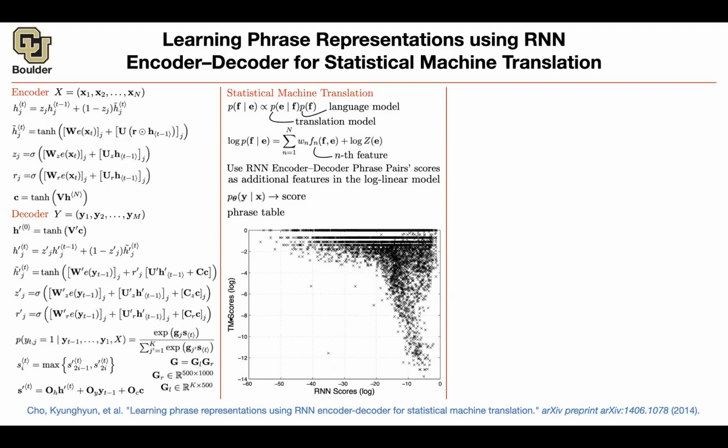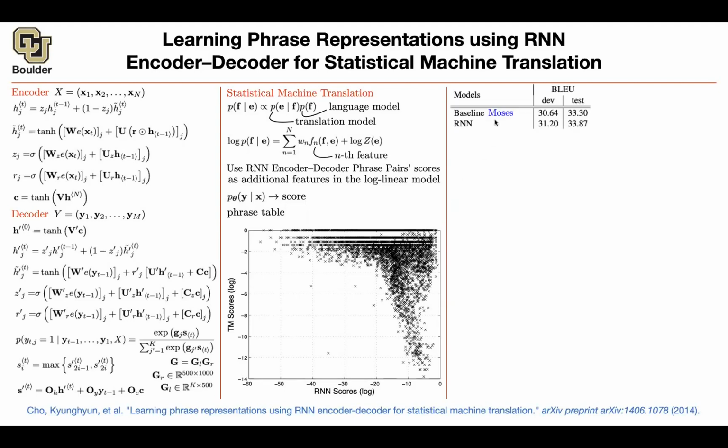And then you're going to look at the scores that are coming out of your statistical machine translation. If they were the same thing, you would see a line here. They would be heavily correlated, but you don't see any particular correlation in these scores. So yes, you're actually adding some new information. You're looking at the same problem through the lens of two different approaches. One is classical and one is a neural network approach.